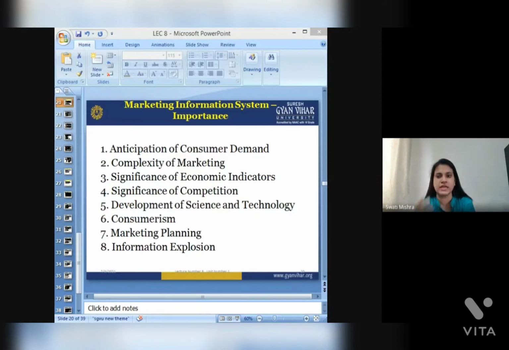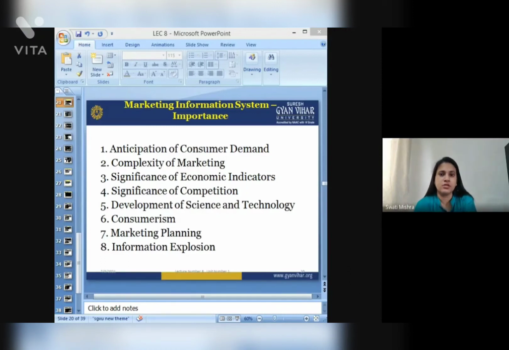Without precise information on the nature, character, and size of consumer demand, marketers will be simply groping in the dark. Decisions based upon hunches, guesswork, intuition, or tradition cannot give you correct results in the modern economy, and that is why they have to be supported by good facts and figures, and these facts and figures are provided by the marketing information system.